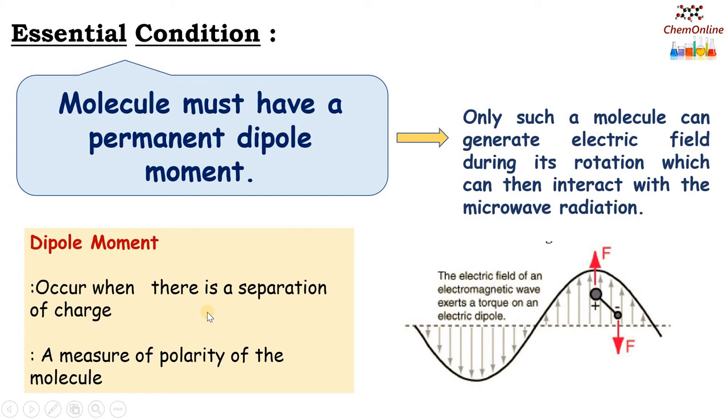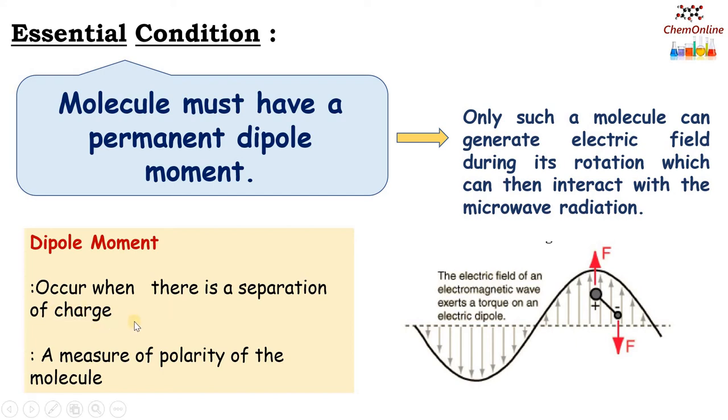That is, when atoms in a molecule share electrons unequally, there occurs a separation of charge, which creates what is called a dipole moment. One of the most common examples is the water molecule, H2O, made up of one oxygen and two hydrogen atoms.